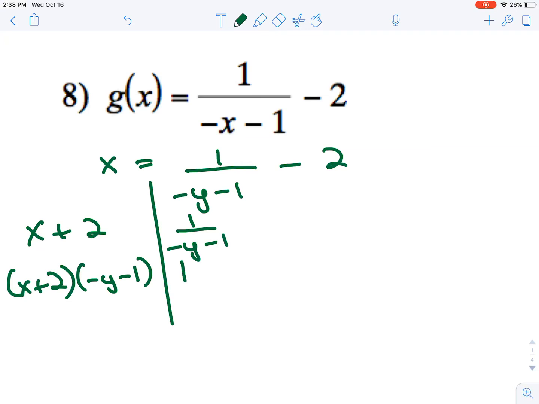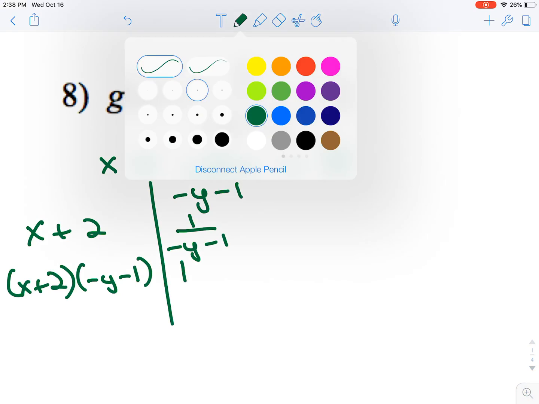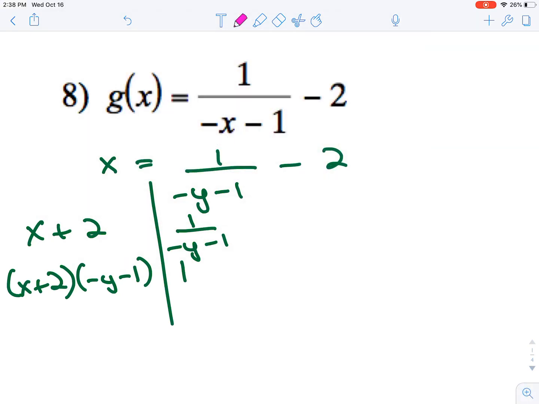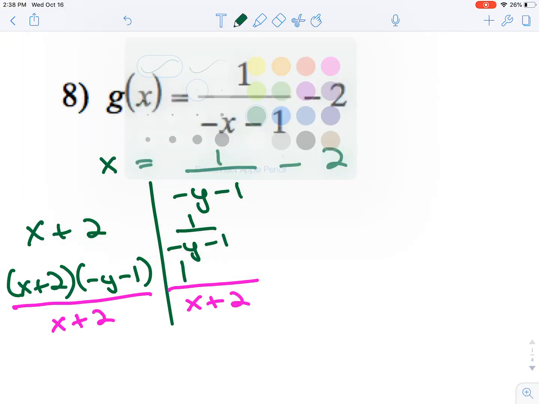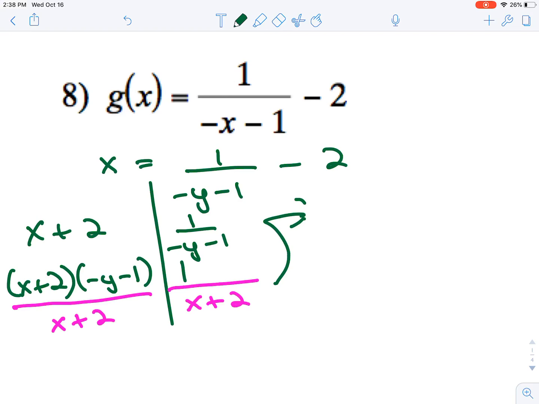Now we need to somehow solve this whole thing for y. I'll clearly show you on this one what we do. So we're going to divide by x plus 2. And when I do that, we'll have negative y minus 1, getting closer, is equal to 1 over x plus 2.